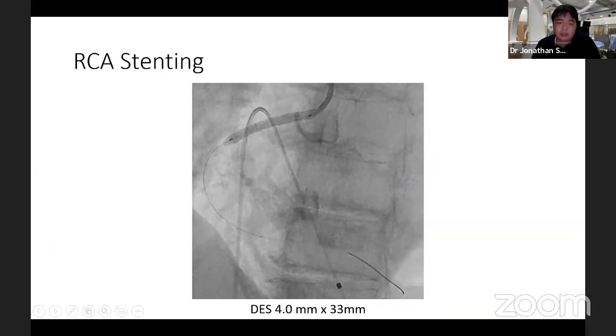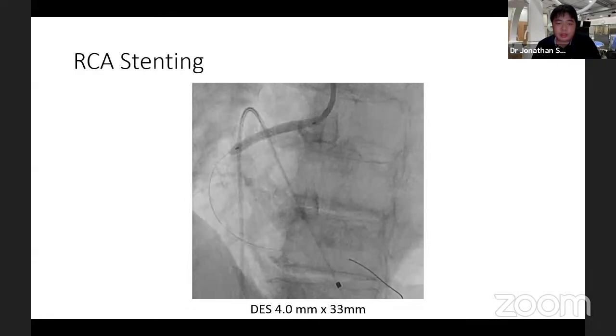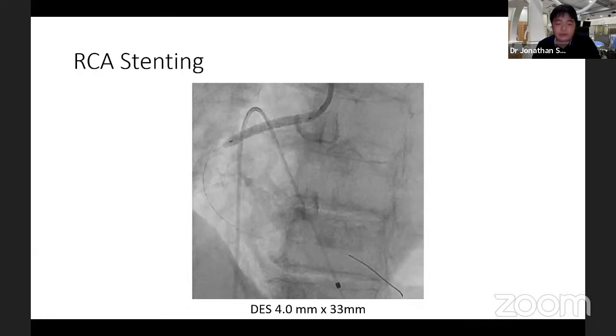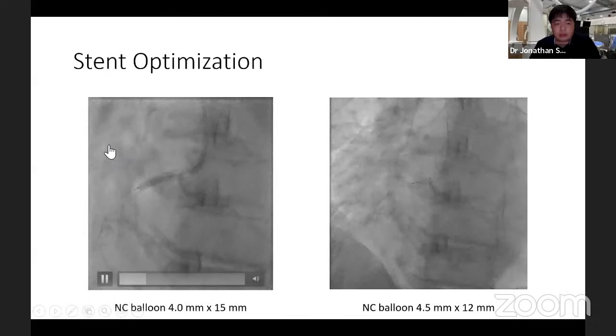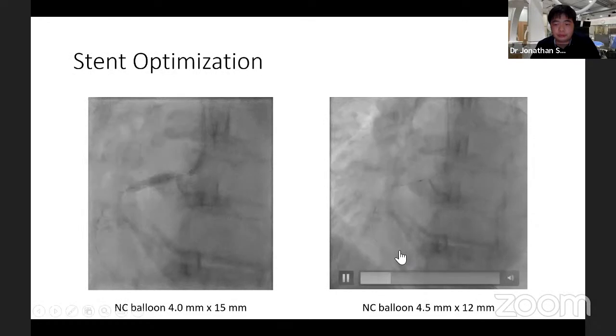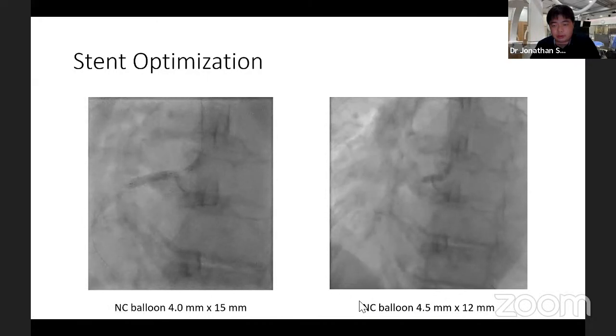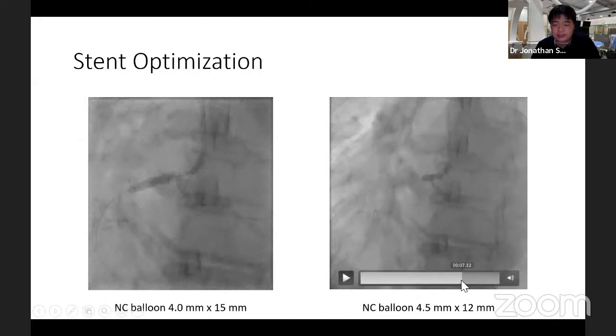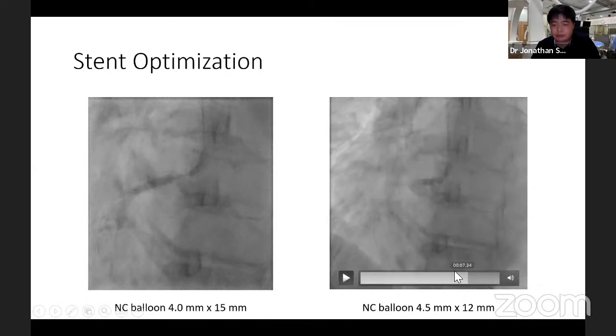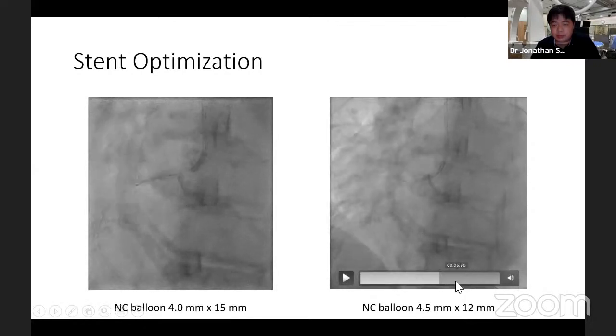And now we performed stenting, by putting in a 4.0 x 33 drug-eluting stent, and then we optimized the stent with a 4.0 and 4.5 NC balloon. And look at the 4.5 NC balloon. You'd probably notice that after we deployed the stent, expansion was still not optimal, but with the NC balloon for stent optimization, it's actually much better.